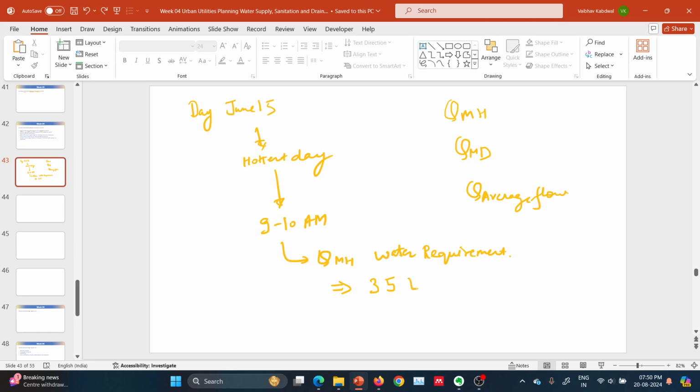Let's take 350 liter per day, 35 liter per hour per person. I'm just taking a general example.